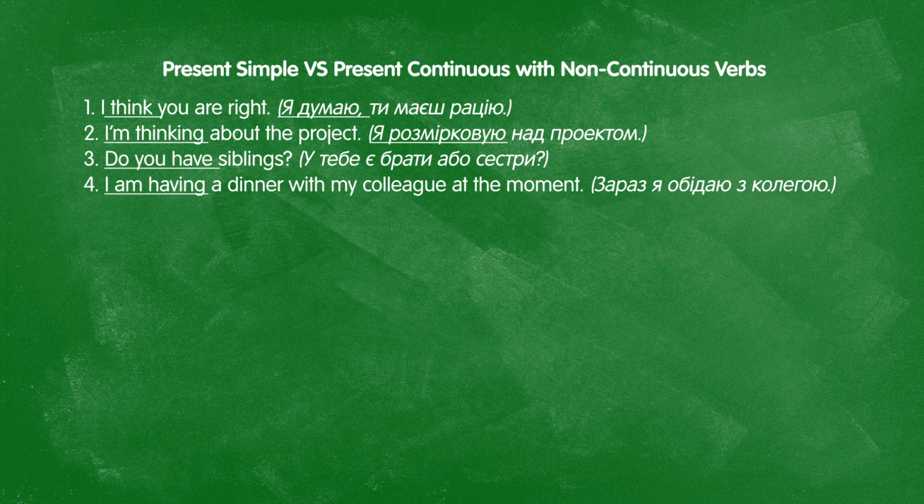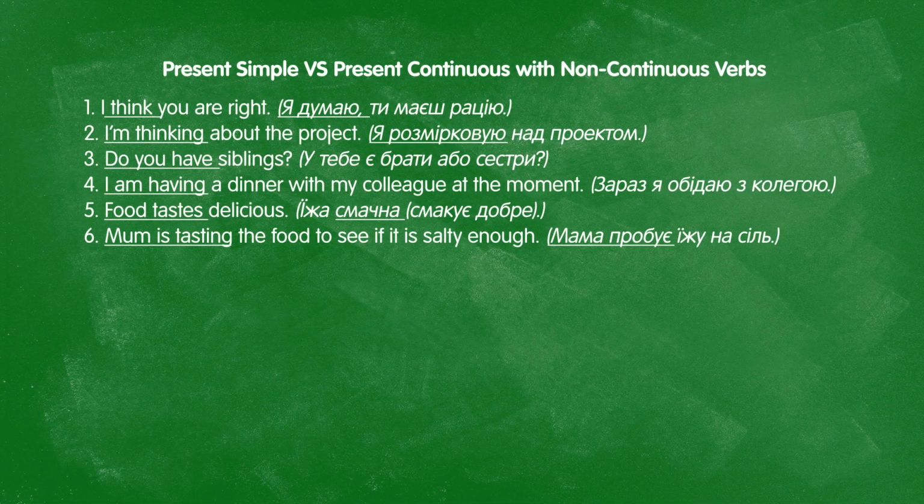Or the next example, food tastes delicious, and Mom is tasting the food right now to see if it's salty enough. Here, food always tastes delicious, or it should. But in the second example, Mom isn't always tasting food. Here, she's tasting it right at this moment for a specific reason.